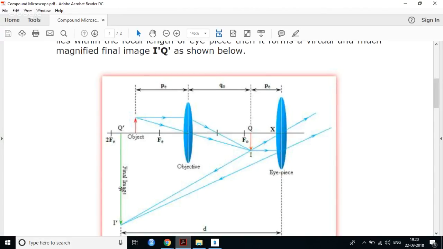Here u is less than f, so to the eyes it will seem that the rays are coming from somewhere here, and that is why the image is formed here, and why we find a very highly magnified image. As simple as that.